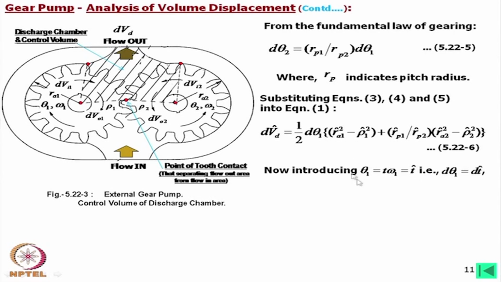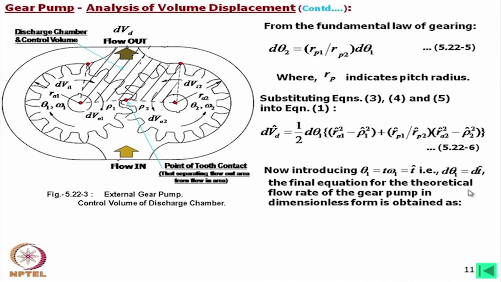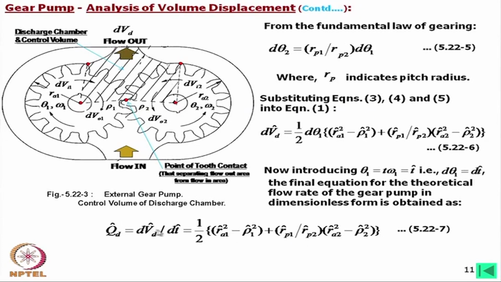You have to visualize this expression. Now, non-dimensional time is simply the angle of rotation. The final equation of the theoretical flow rate of the gear pump in dimensionless form is obtained as follows. To find the flow rate, we differentiate this volume with respect to time, and the final relation will be in this form.